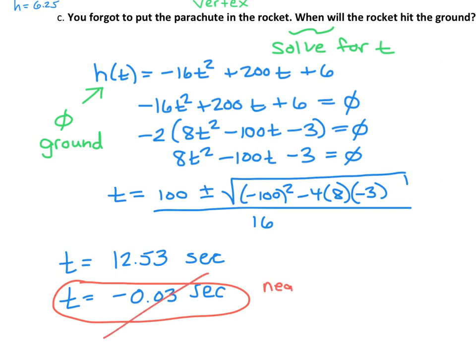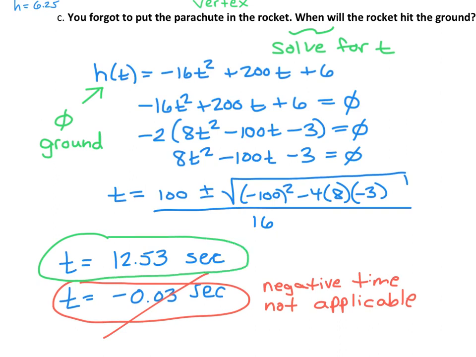Negative time is not applicable in this context. Not valid. Okay, so our answer is going to be 12.53 seconds. That rocket is going to be back on the ground.